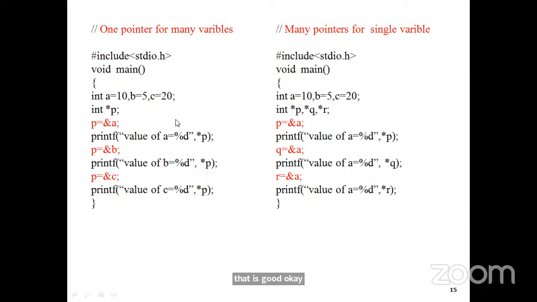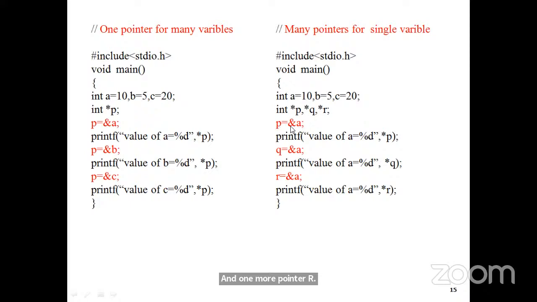It is pointing to different variables. And one more thing, many pointers but a single variable. You try to see here. Let us take int a equal to 10, b equal to 5, c equal to 20, the same type of variables. But how many pointers do we have? We have 3 pointers. One is star p, pointer 1, the next pointer q, and one more pointer r. These are different pointers.